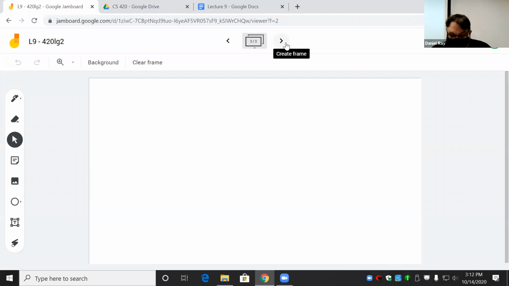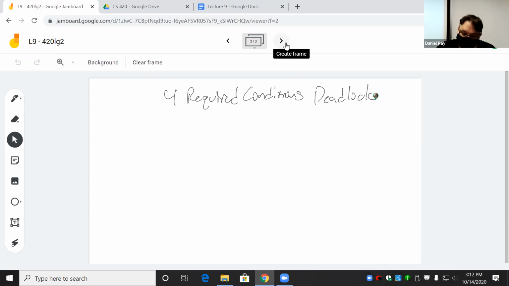Okay, so let's talk for just a second about the four conditions that are required for us to enter into a deadlock situation. Okay? The first is mutual exclusion.